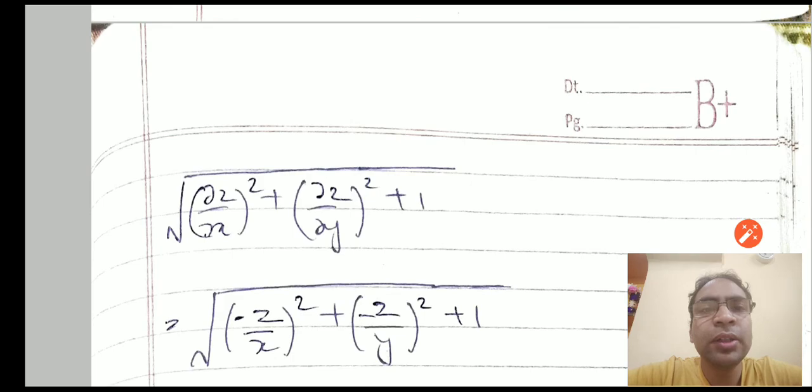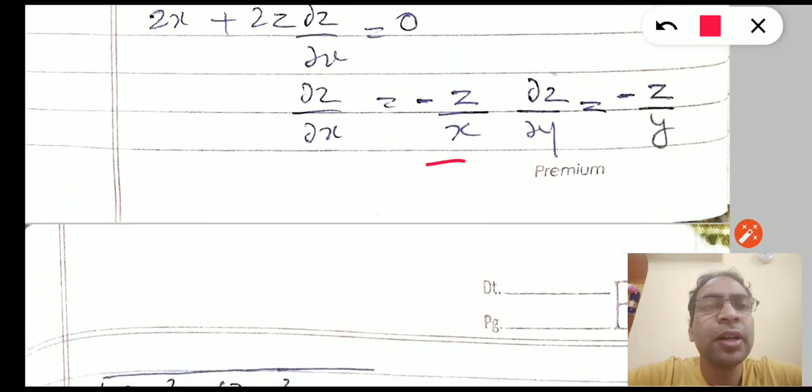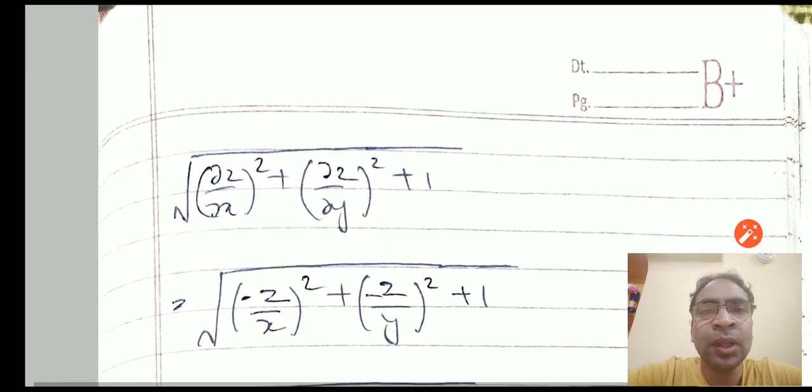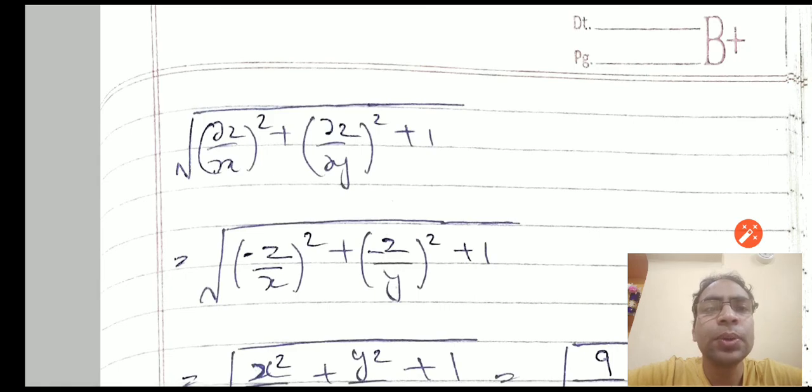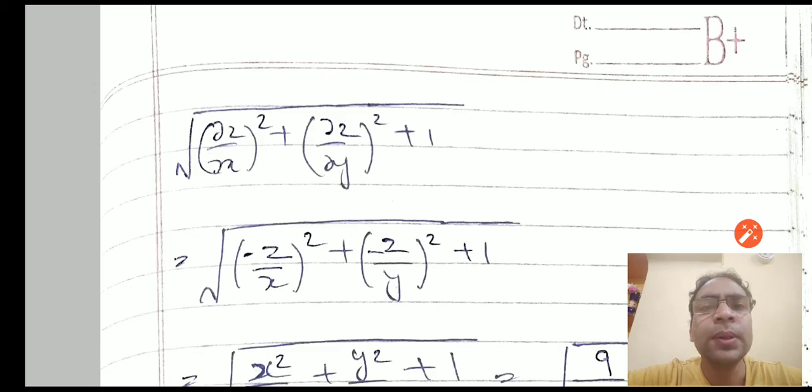So we have got the values of del z upon del x as minus of x upon z and del z upon del y as minus of y upon z. Now substituting these values into our equation, this is the formula for the surface area: under root del z upon del x square plus del z upon del y square plus 1.